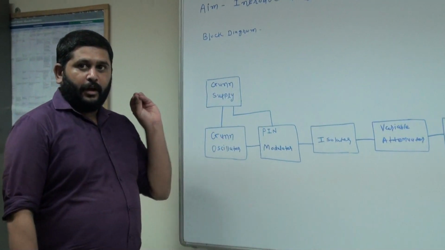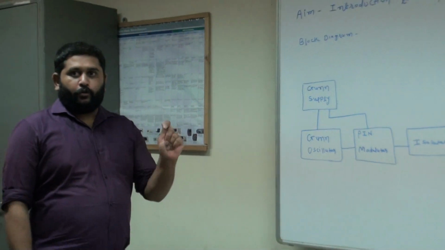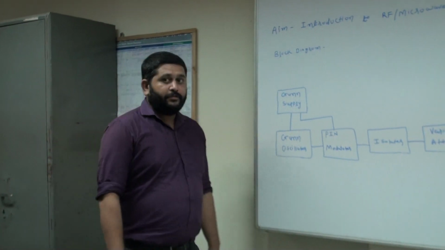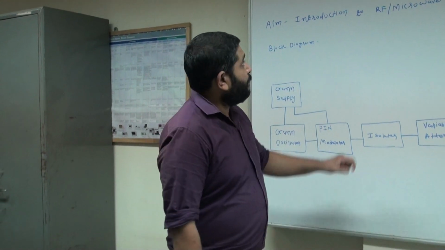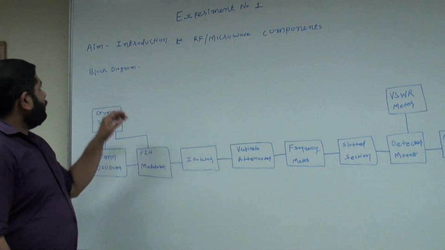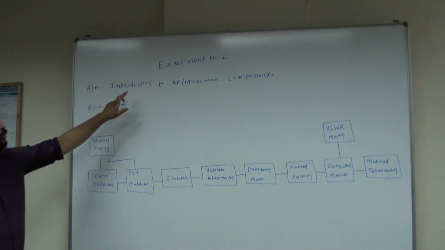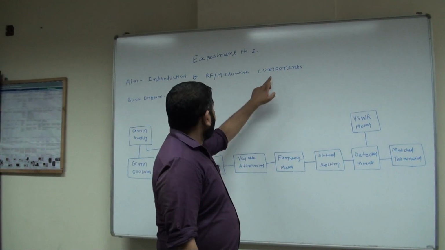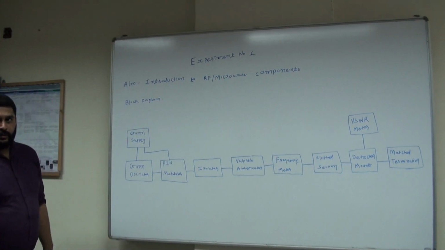This is the laboratory of RF and microwave subject, and we will start with the first experiment. Experiment number 1. The aim is an introduction to RF and microwave components.